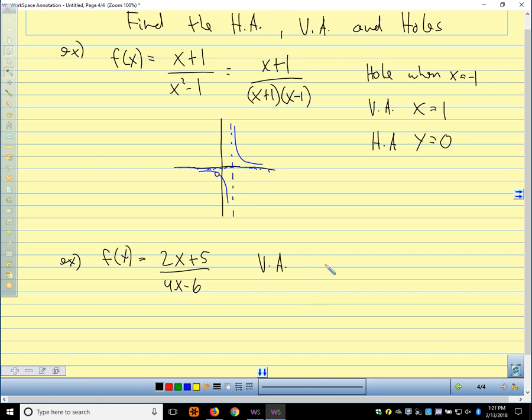How do we figure it out? How do we find the vertical asymptotes? When the denominator equals 0. So we write the line x equals 6/4 or 3/2.